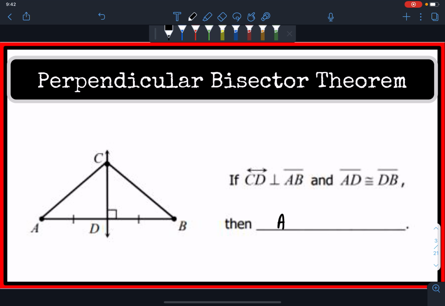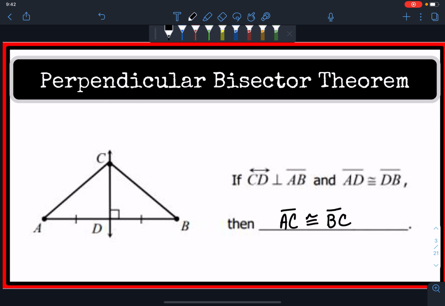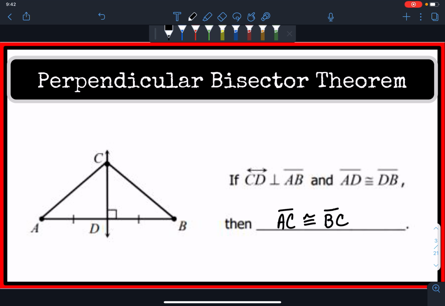So this segment AC is going to be congruent to the segment BC. This is very similar to the lesson that we did on isosceles and equilateral triangles, that these two sides would be congruent if we have an isosceles triangle.